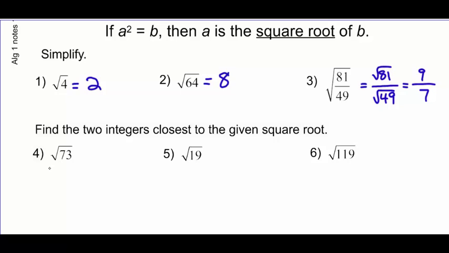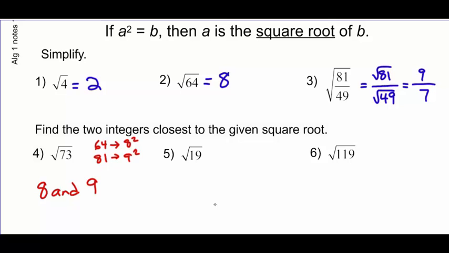And as a matter of fact, when I think about it, the perfect squares that I know are close to 73, the one below that would be 64, the one just above that would be 81. This one is 8 squared, 81 would be 9 squared. So what I'm looking for is the two integers closest to the given square root. We would just simply write 8 and 9. In other words, I'm figuring out where square root of 73 falls between. I just want to get an approximate idea.